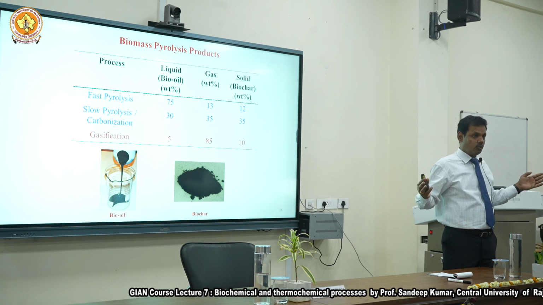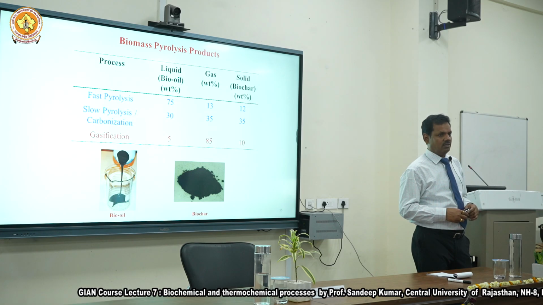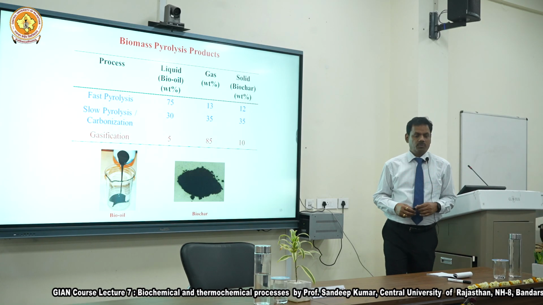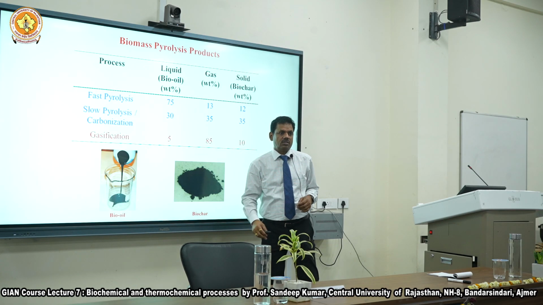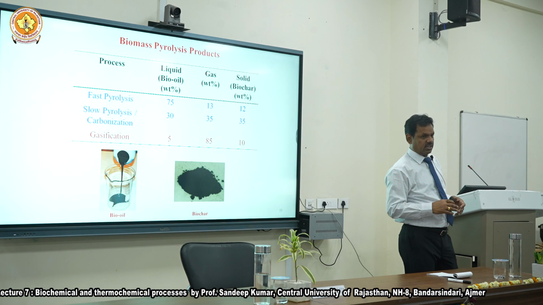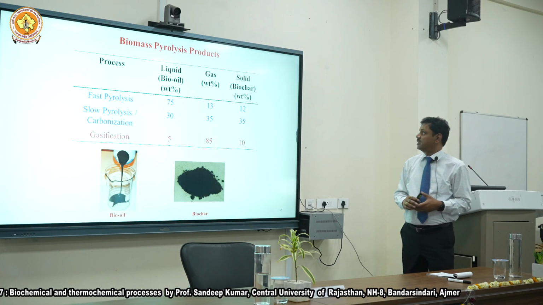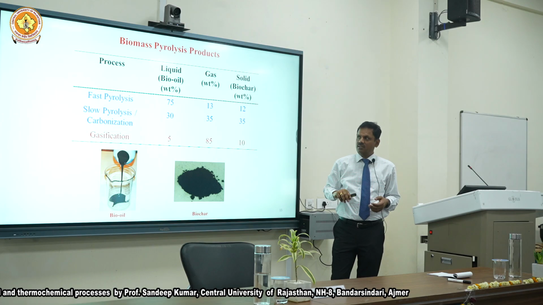It breaks down so fast, then cools so fast, and you get more oil. So if you are looking for liquid fuel, do fast pyrolysis. Typical time is 10 seconds, 2 seconds, 5 seconds. And then you will have some gas and some char. So you see less char.